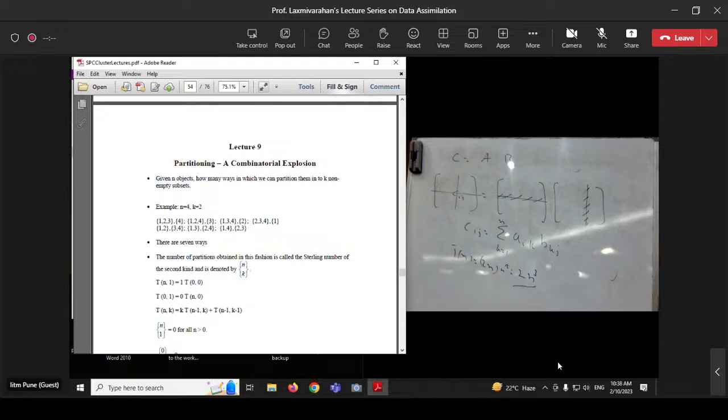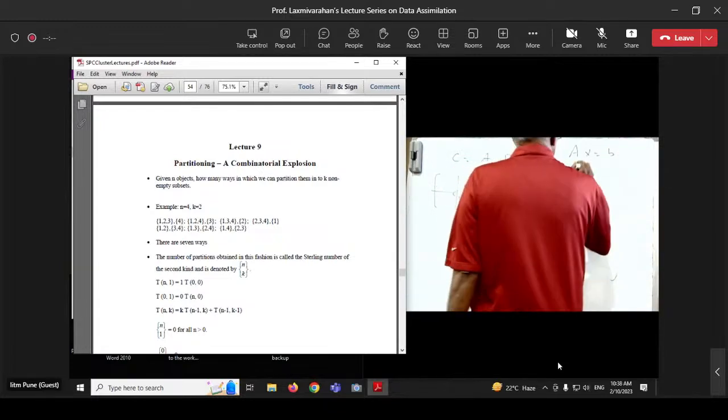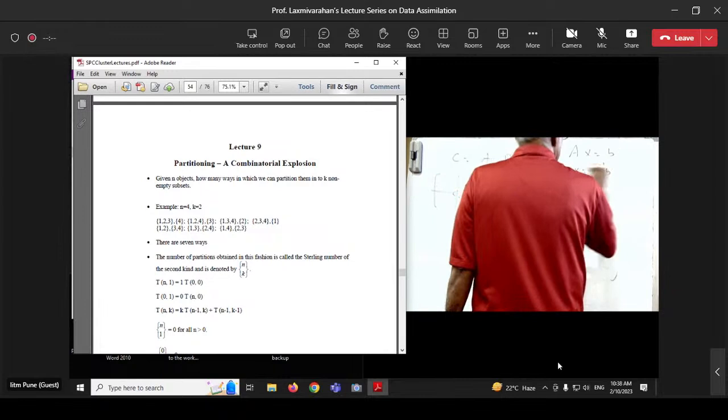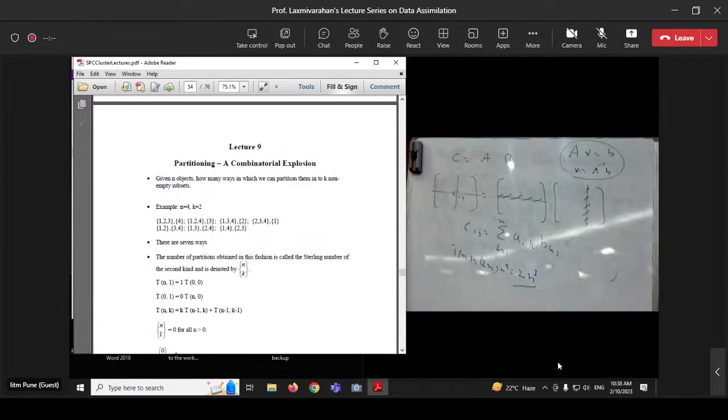Now the next question is, I want to solve a linear system, Ax is equal to B. So x is equal to A inverse B. How many of you know methods for computing A inverse B? Gaussian elimination. That's n cubed. How much time does it take to compute the determinant? It's a homework problem for you to think.